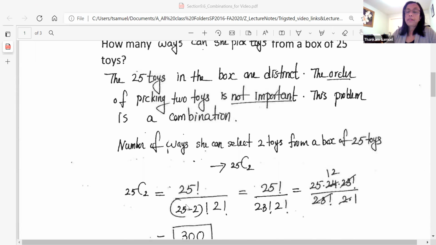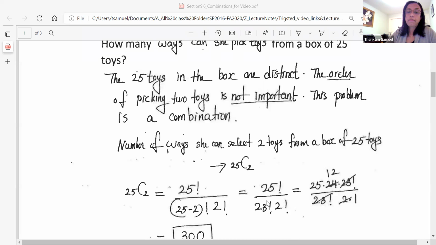So to evaluate this, we can use the combination formula here. n equals 25, r equals 2. So 25C2 equals 25 factorial divided by 25 minus 2 factorial times 2 factorial.